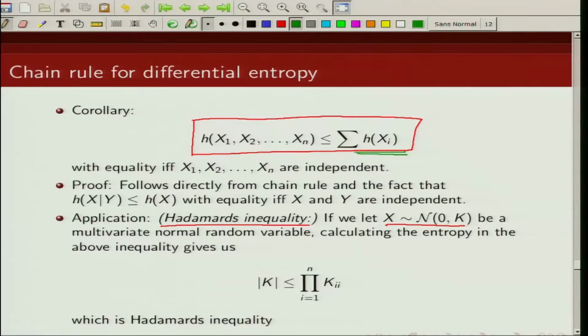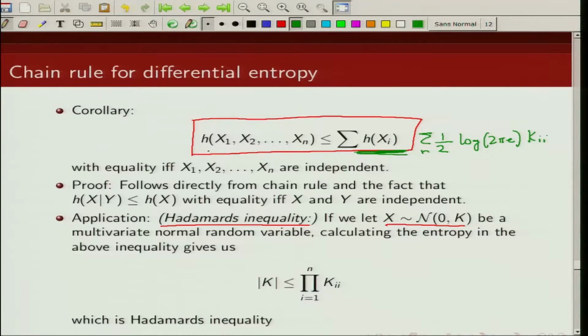This is half of log of 2 pi e kii. So if we compute this differential entropy here, we will get terms of the form half log 2 pi e kii, summation over all n.